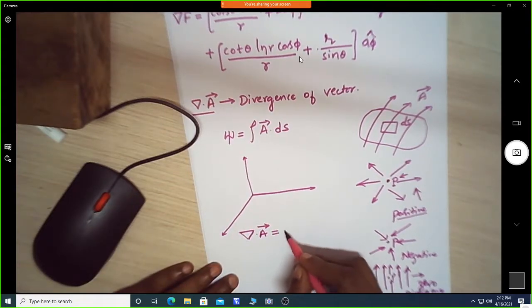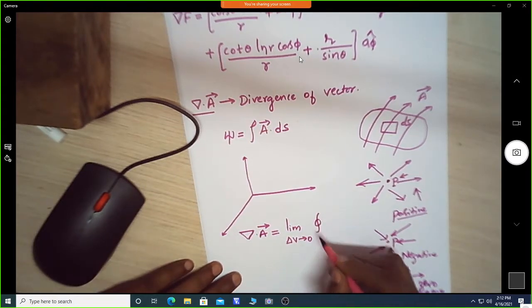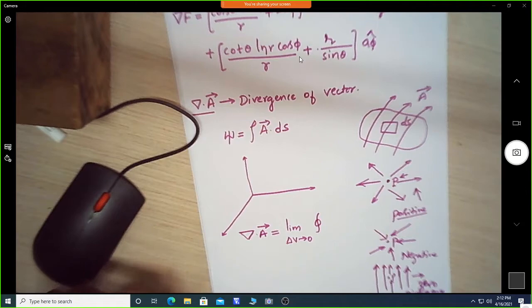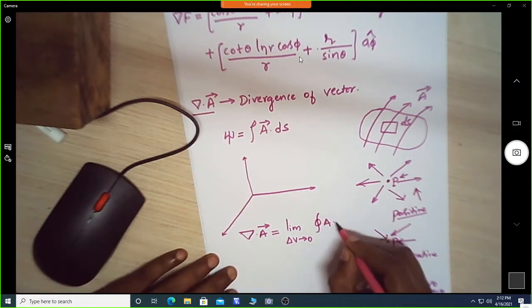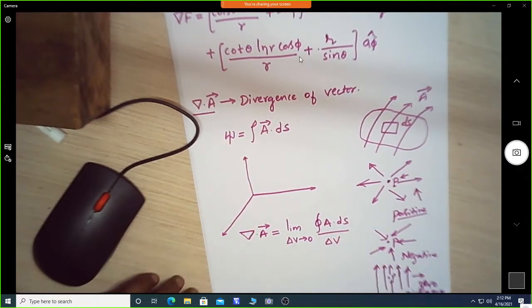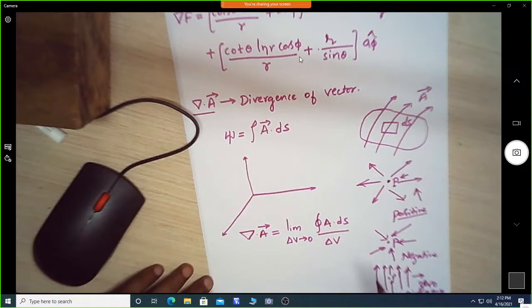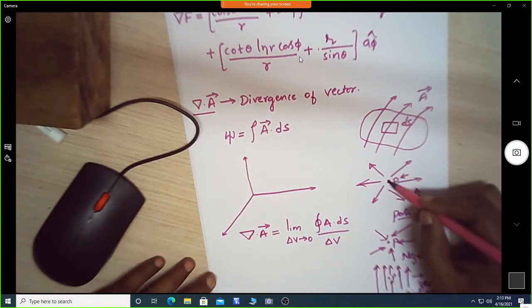We can define it as the limit as del V tends to 0 of the closed integral, because we are taking the closed surface, of A dot ds divided by del V. Okay, so this is the divergence of vector A, and this is positive divergence, this is negative divergence, and this is no divergence.